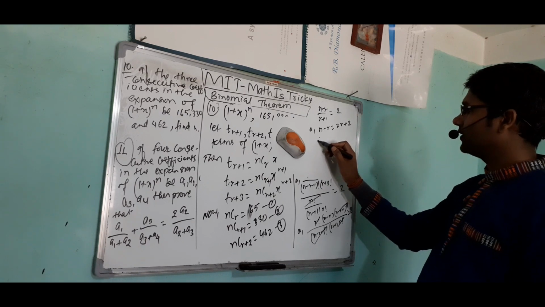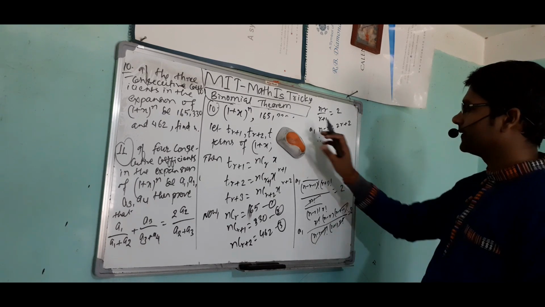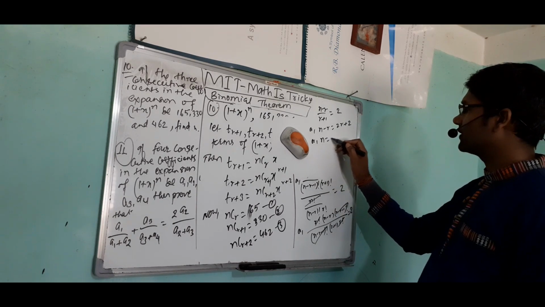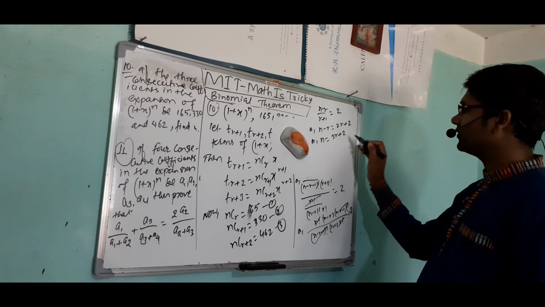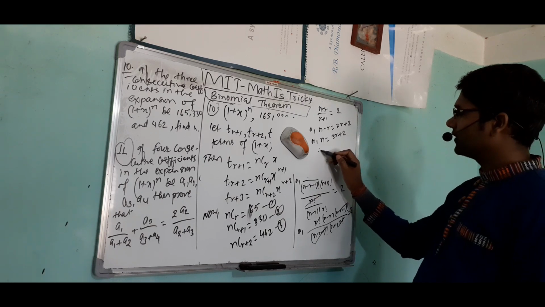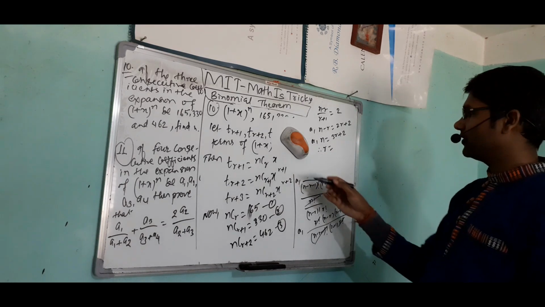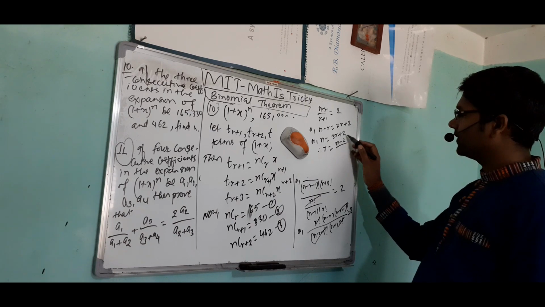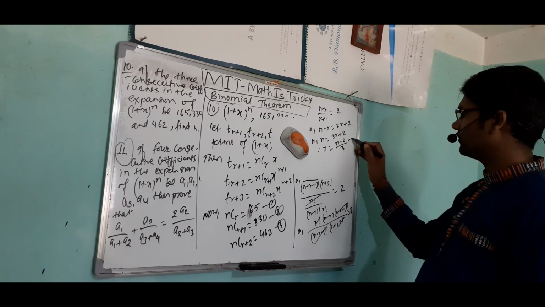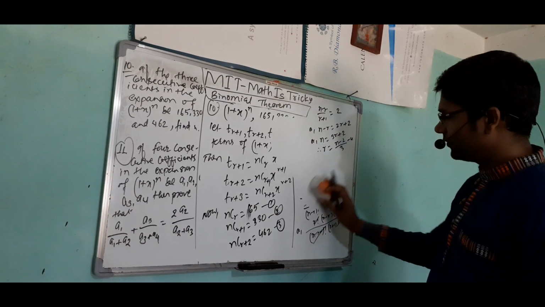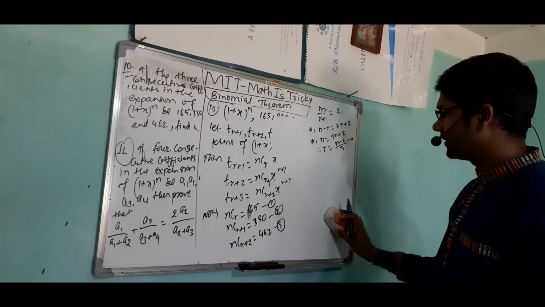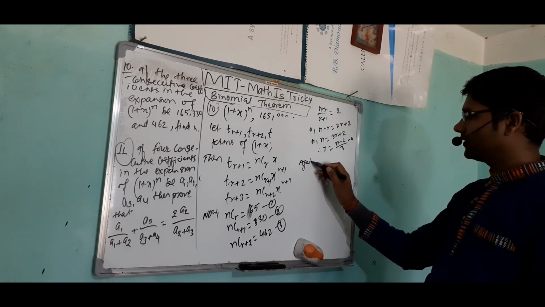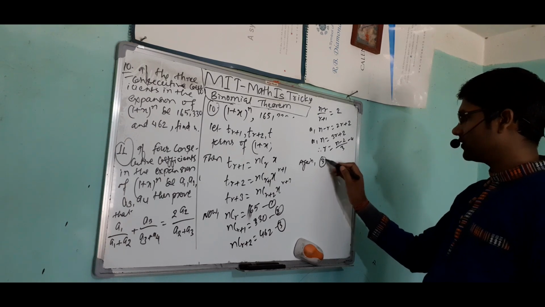Therefore n equals 3r plus 2, so r equals (n minus 2) by 3. This is equation 4. Now let me write all the results.